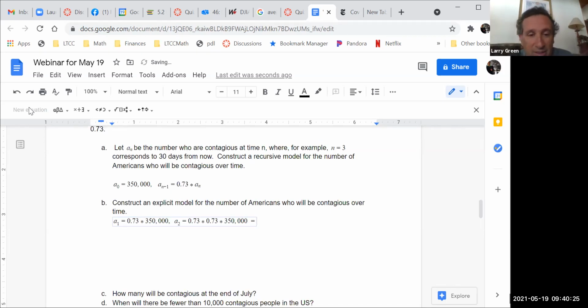Now, for 2 reasons, one, to make it prettier, and the other is to see what's going on, I can rewrite this as 0.73 squared times 350,000. Okay, what's A sub 3 going to be? Hopefully you see the pattern. Yeah, 0.73 cubed times 350,000.